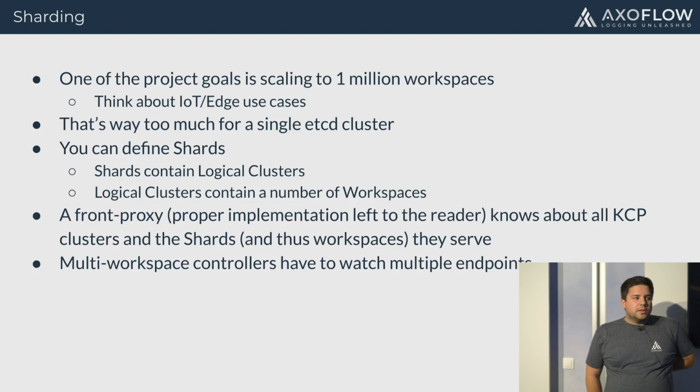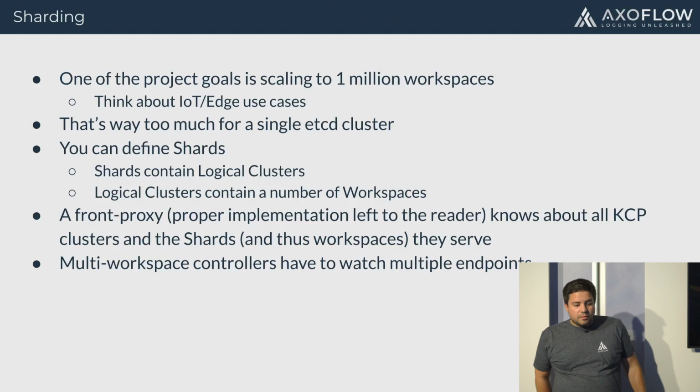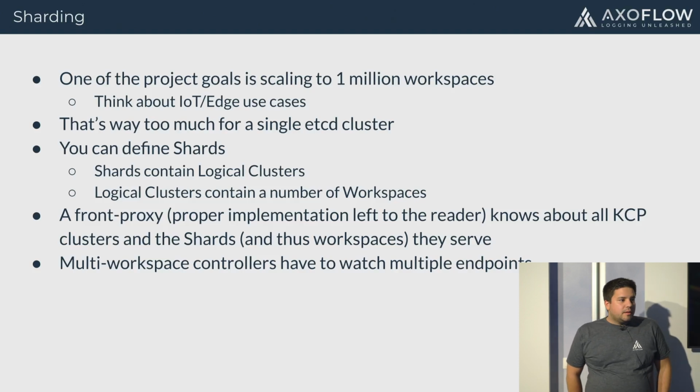For example, if you consider use cases with IoT involved or edge computing or whatever, it might make sense to have independent workspaces for so many different tenants or whatever use case you have. And obviously, a single cluster with etcd and a few instances of the API server won't handle that scale.